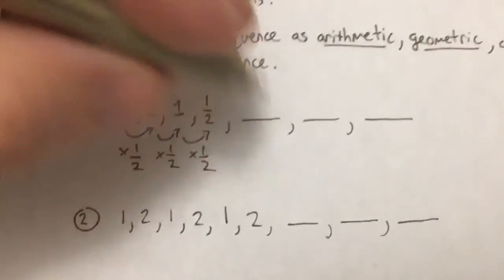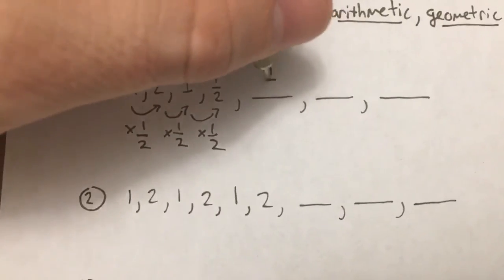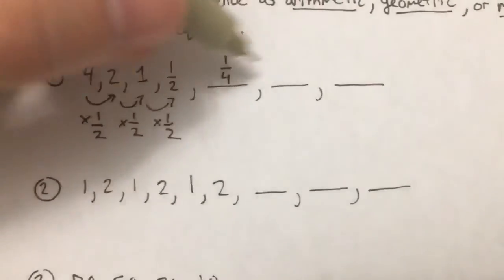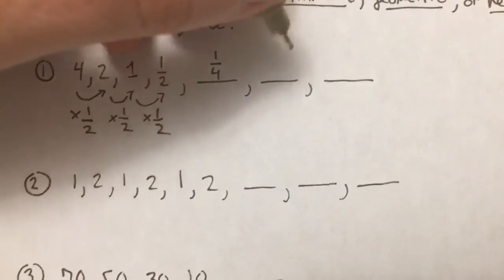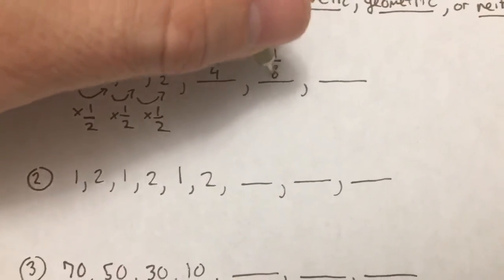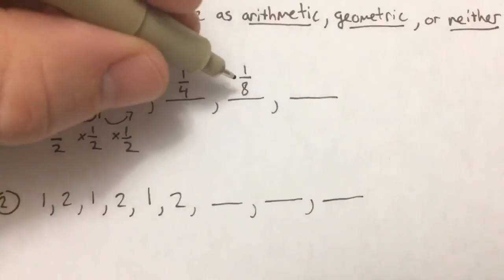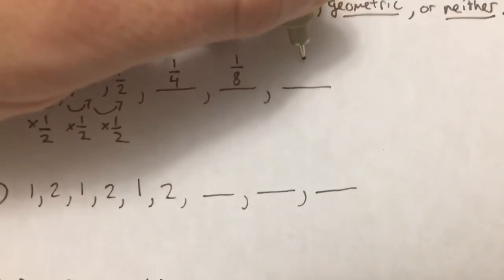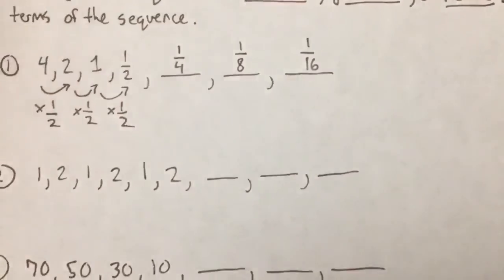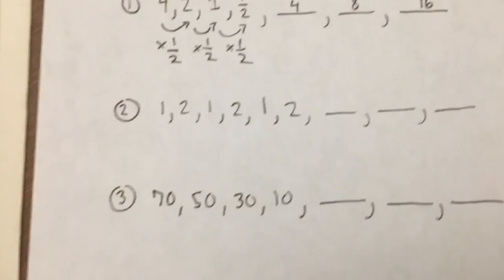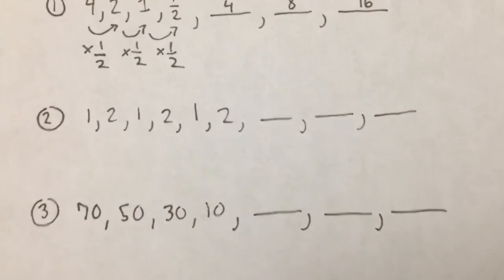So 1/2 times 1/2 would give us 1/4. Then the next term, 1/4 times 1/2 would be 1/8. And then 1/8 times 1/2 would give us 1/16.